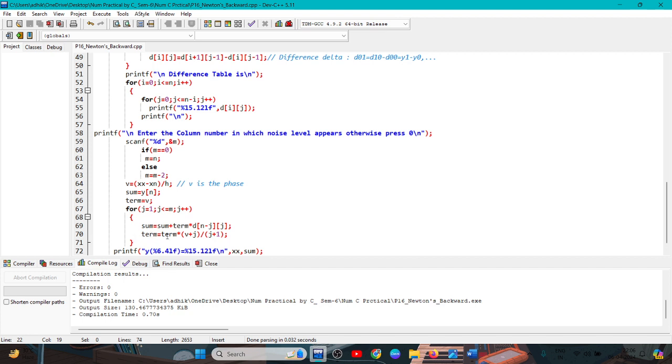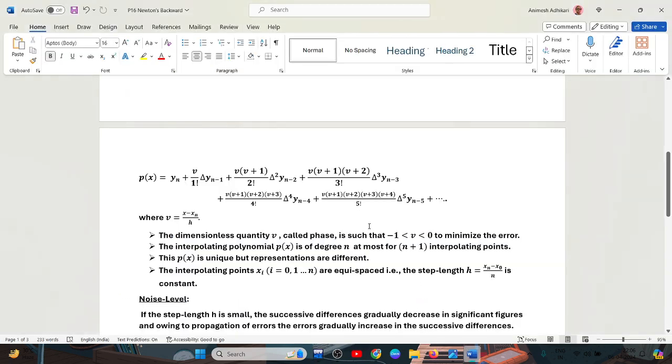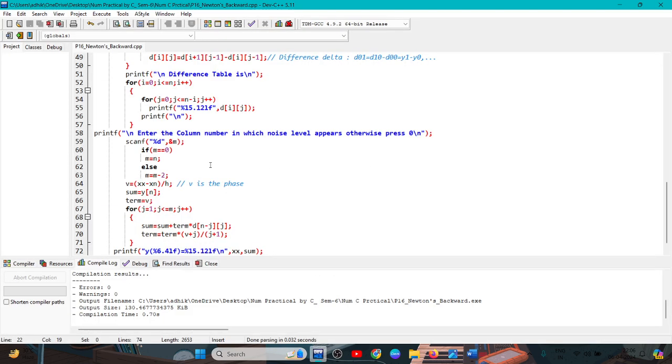And the new term equals the previous term times (v plus j) divided by (j plus 1). The previous term is v, so the new term is v into (v plus 1) by factorial 2, times delta 2 y7, because n equal to 9.